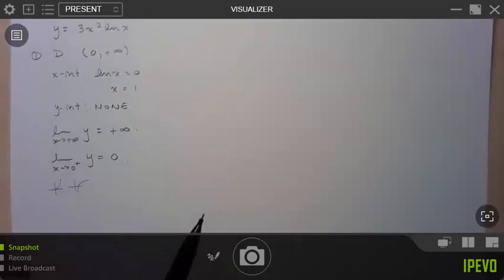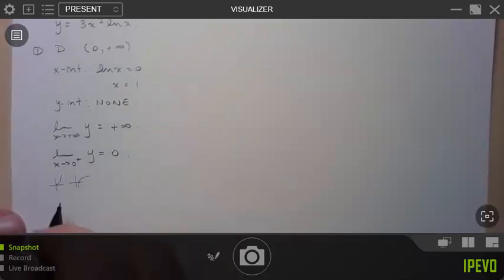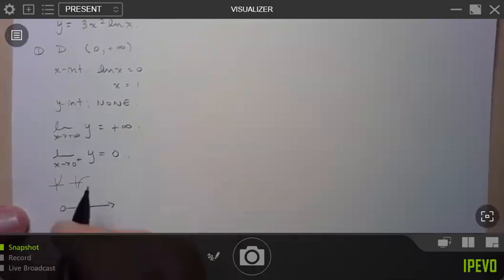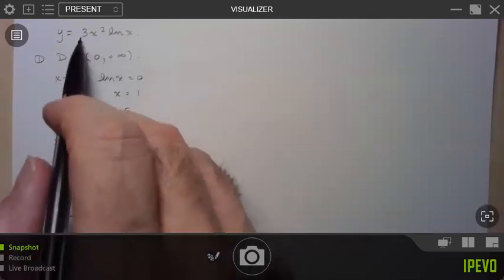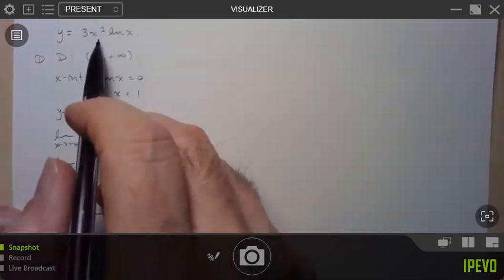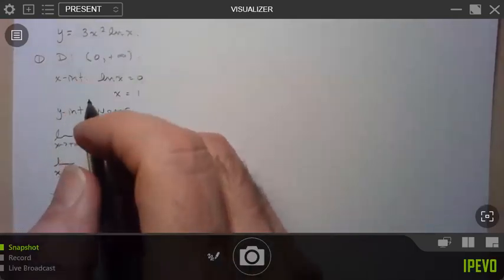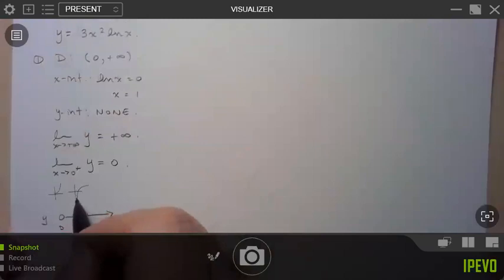All right, and now the last thing we'll do is determine our sign. So I'm going to start at x equals 0 since I'm not interested in anything else. And so here the only thing I need to check is at x equals 1. So if I put in a number between 0 and 1, say 0.5, 3x squared is going to be positive, but ln x, we know, crosses at 1.